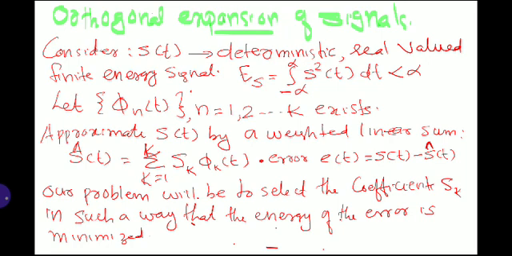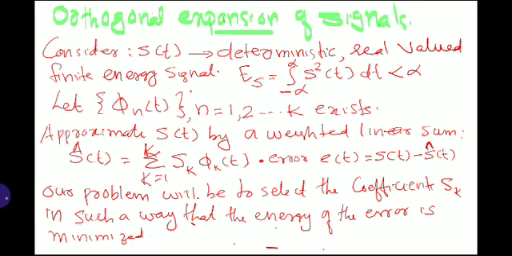So this is an approximation for S of t using our basis functions. Since this is an approximation, we can define an error signal E of t as S of t minus S cap of t.